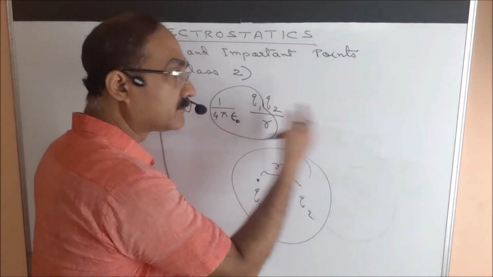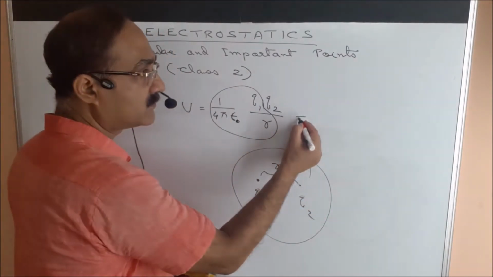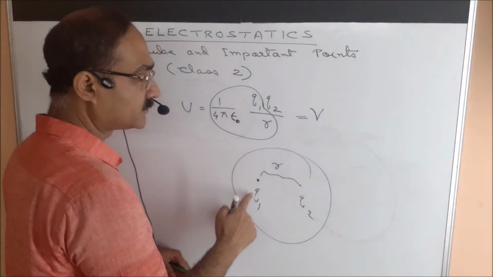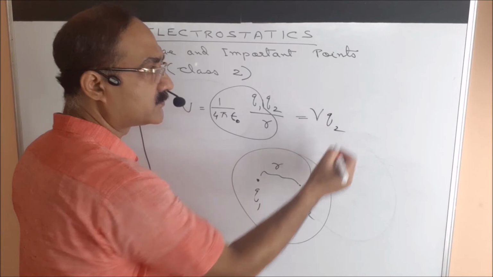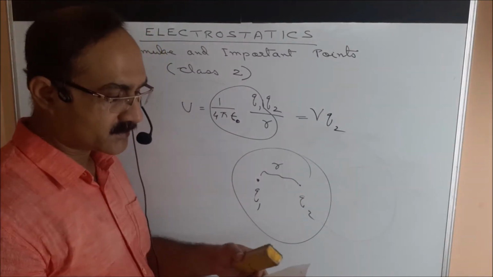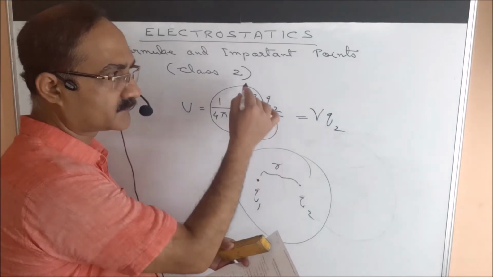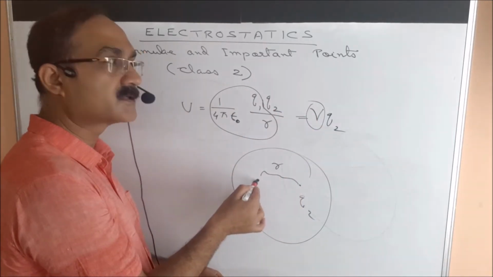So that multiplied by Q2. So this formula, you can also write like this: potential due to Q1 at this point multiplied by charge Q2. Because from point 3, this part is V, the potential at this point due to this charge Q1.